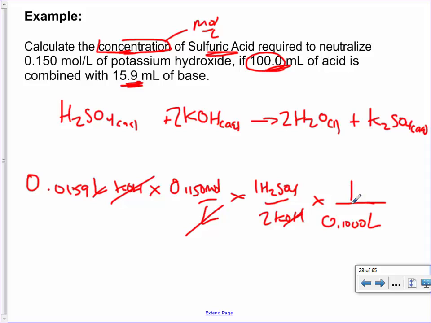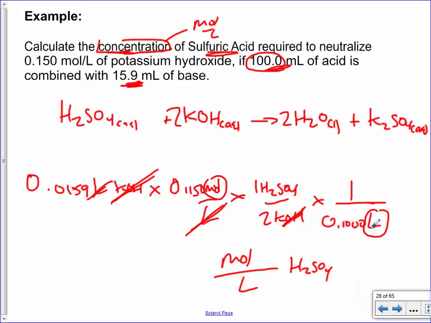What I show kids is to just put a 1 there. What you're really doing is just dividing by liters. So these liters have canceled, these KOHs have canceled, and that's all we need, because what we're left with is moles right here, liters right here, and it's of H2SO4. I know it seems kind of odd, but just put a 1 in this spot.